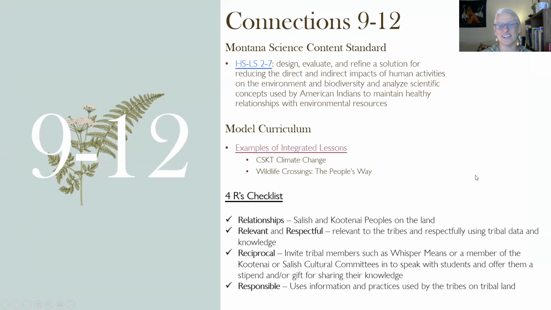So our 4 R's checklist, again: relationships, check; relevant and respectful, check; reciprocal, check; responsible, check.